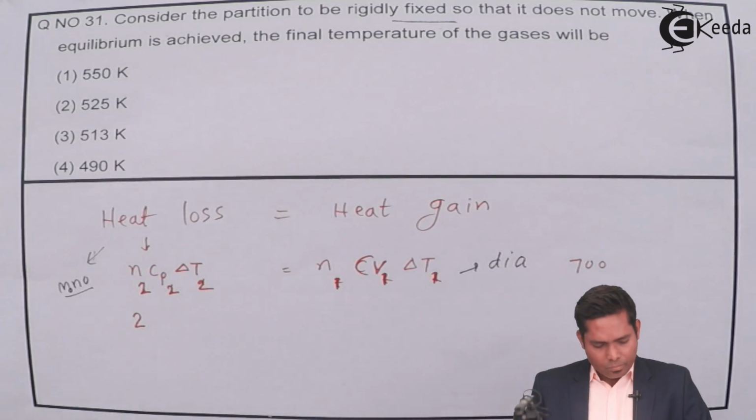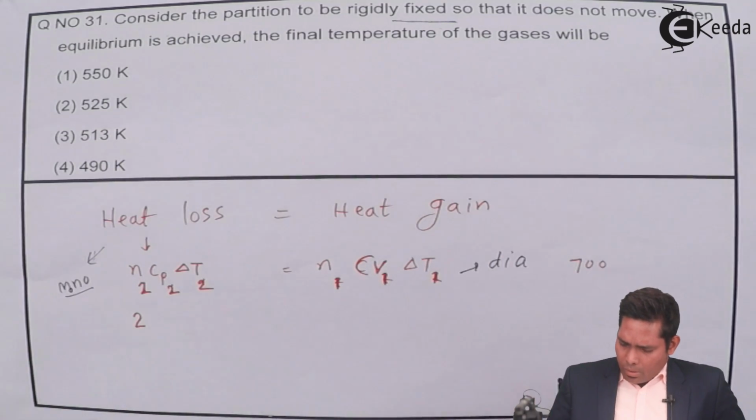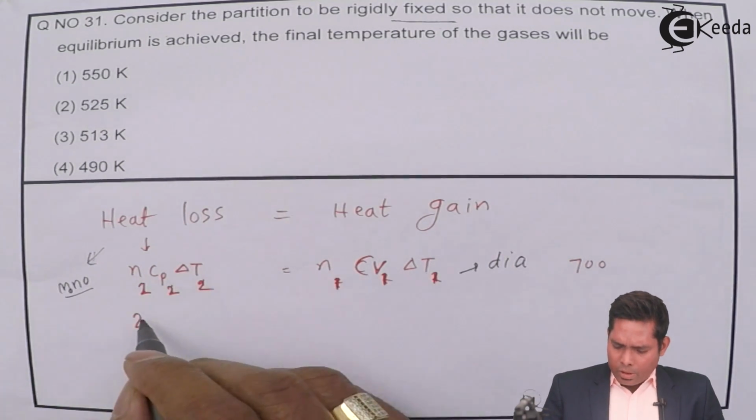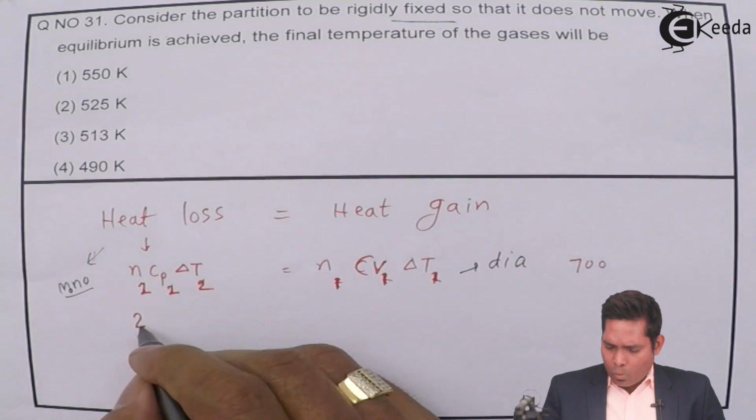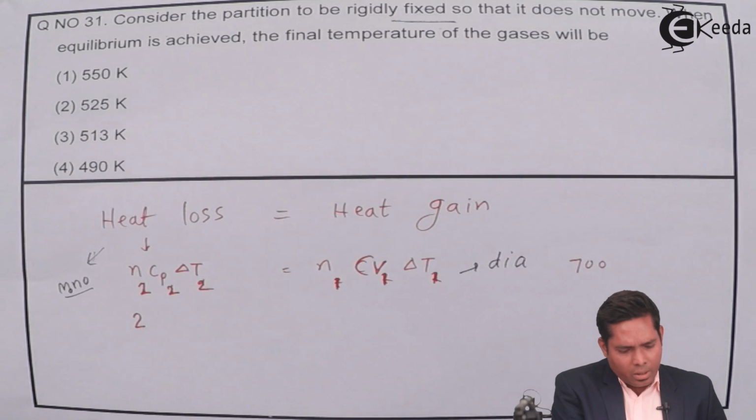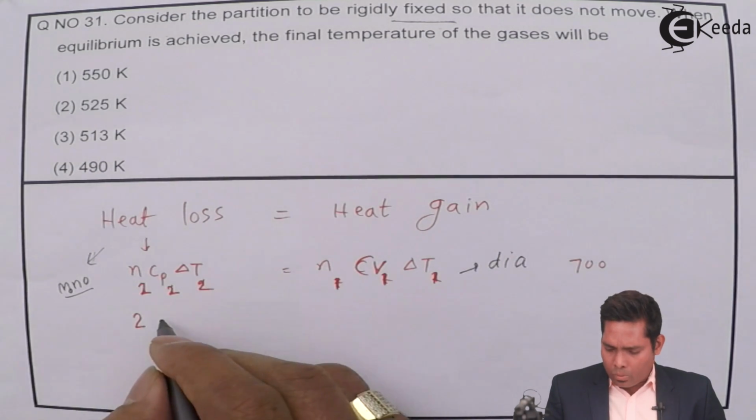Now, the lower one is monoatomic with 2 moles, and Cp for monoatomic, as given in the question, is 5 by 2.